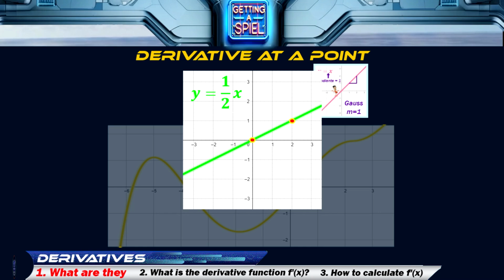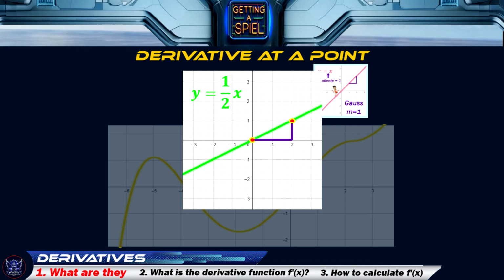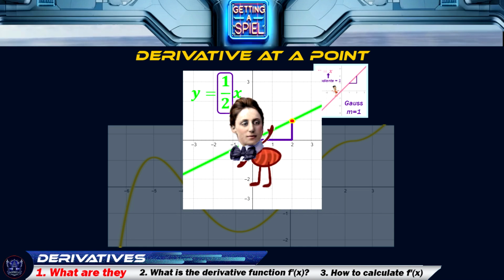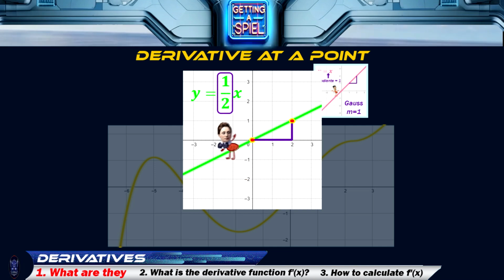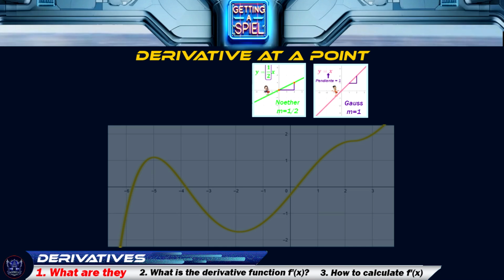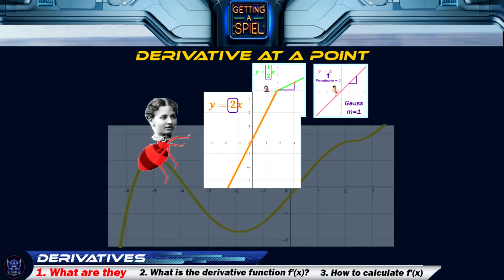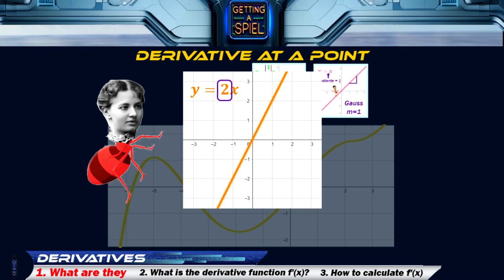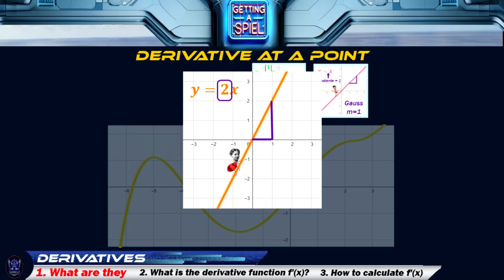As you can see, to move between 2 points on the grid, we move 2 horizontally and go up 1 vertically. Its slope is 1/2. This other ant, let's call her Nether, has a slope of 1/2. We could keep creating an infinite number of lines with increasingly steep slopes. This ant is walking on a line with a slope of 2, because we move 1 horizontally and go up 2. Let's call her Sophie.